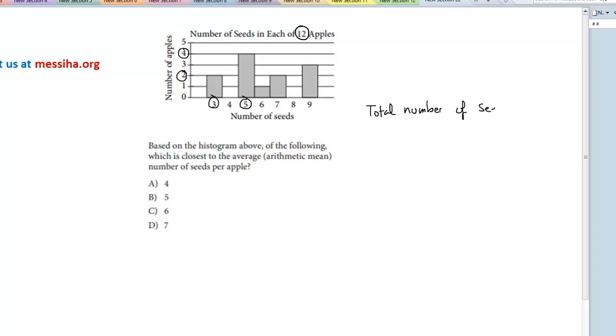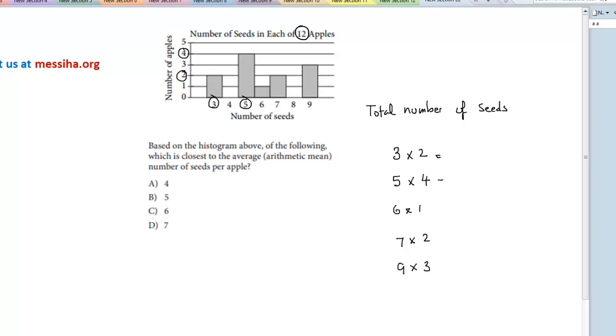So now the best idea is to find the total number of seeds. So the total number of seeds is going to be like that. If I have 3 seeds in 2 apples, 5 seeds in 4 apples, 6 seeds in 1 apple, 7 seeds in 2 apples, and 9 seeds in 3 apples.